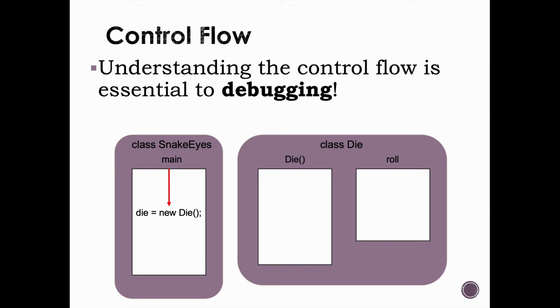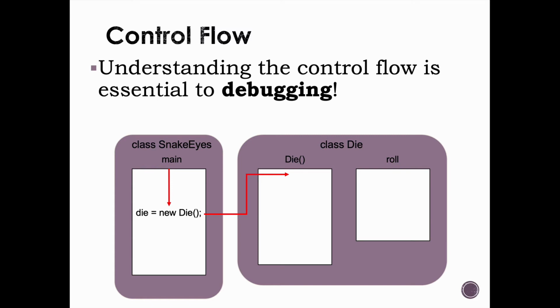So when in the program Snake Eyes we encounter the line die gets new die 1 or die 2, as we have it there, when we encounter the first one, new die, the control of the flow, that is the next thing that will be executed, will be the beginning of the code inside the die method, the constructor in this case.